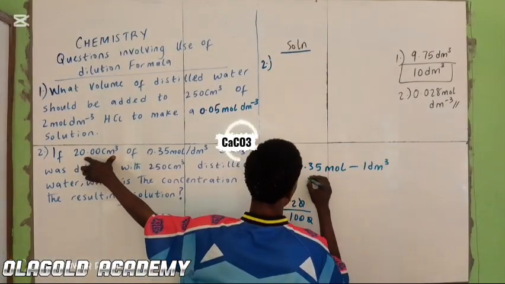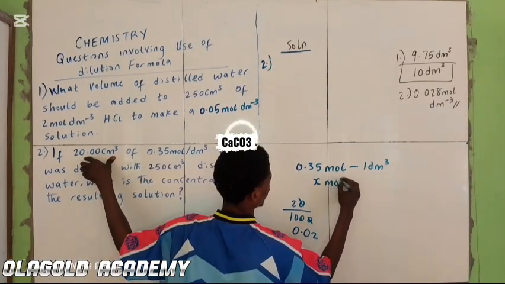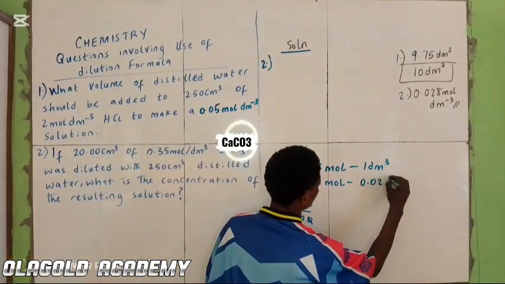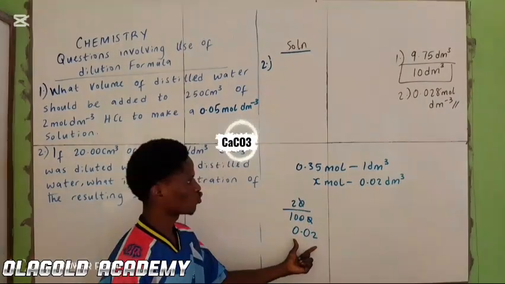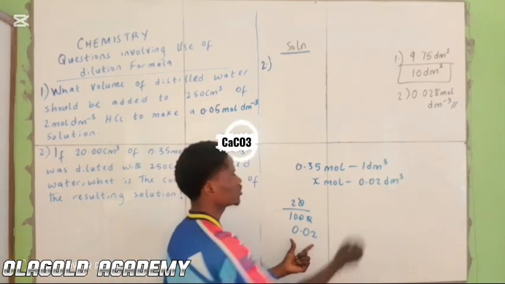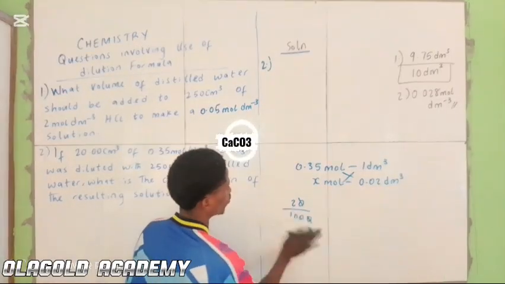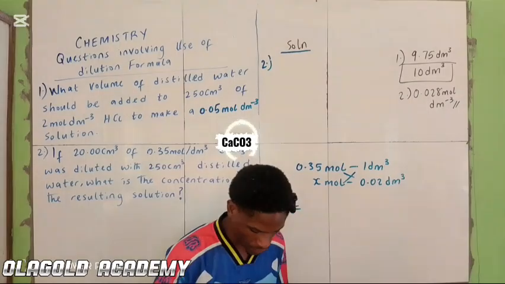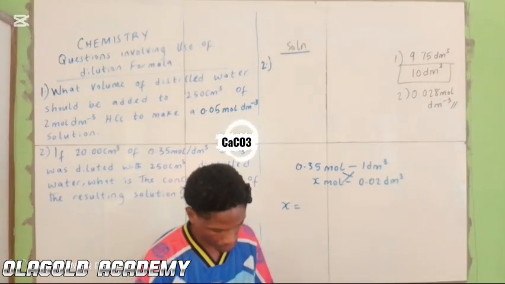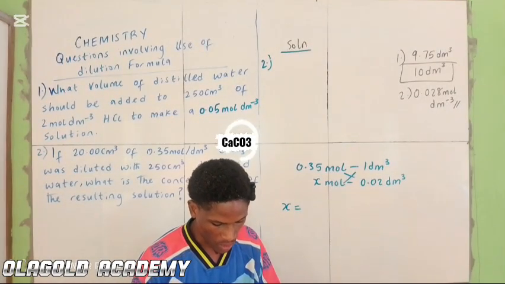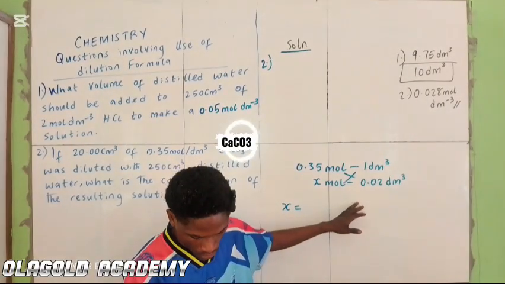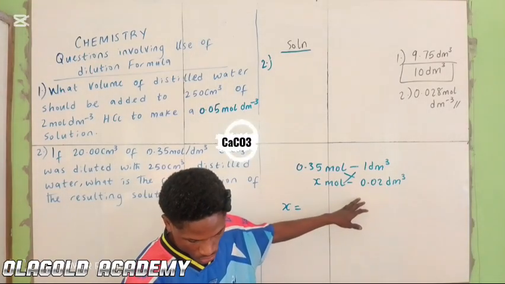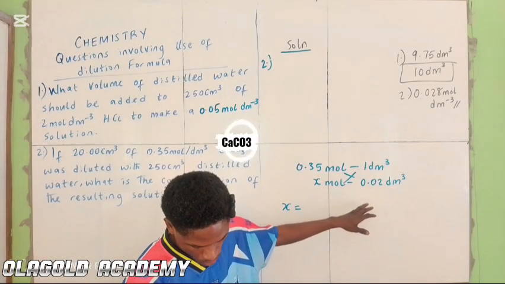So how many mole are we going to have in 0.02 dm cube? So we have this. If we cross multiply, we are going to get our x to be equal to 0.35 multiplied by 0.02.